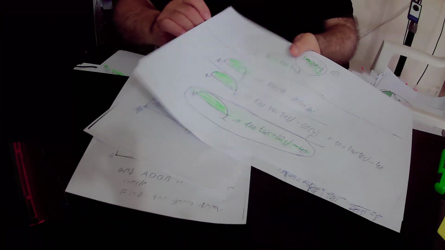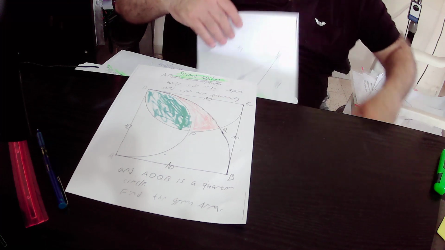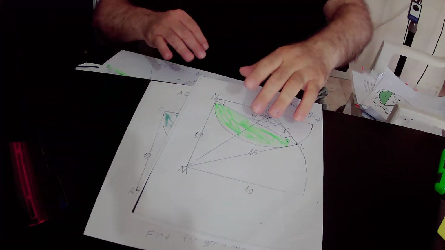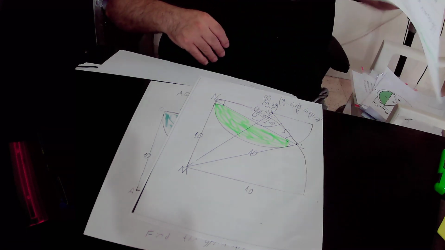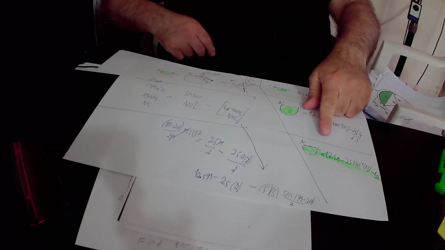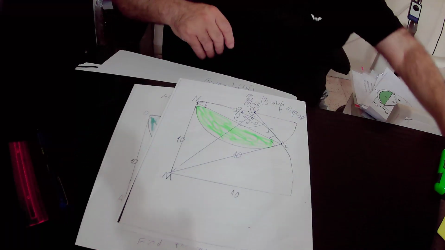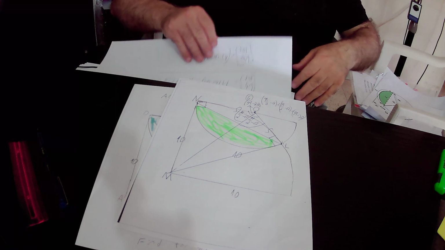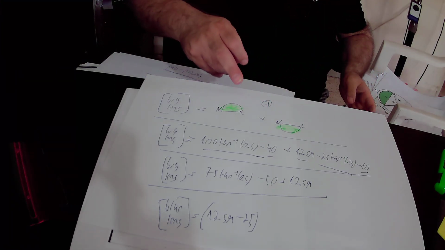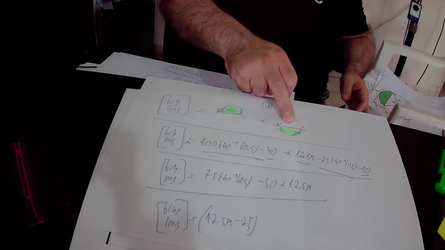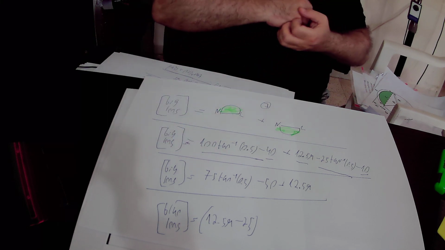In the next step, we found the area of the lower circular segment of the big lens, which equals this expression. And the total area of the big lens equals the area of the upper circular segment plus the area of the lower circular segment, which equals this expression.